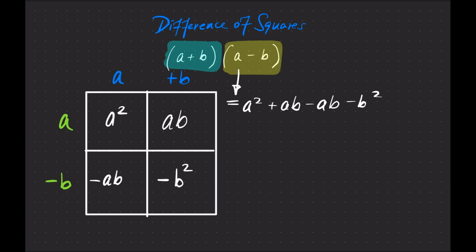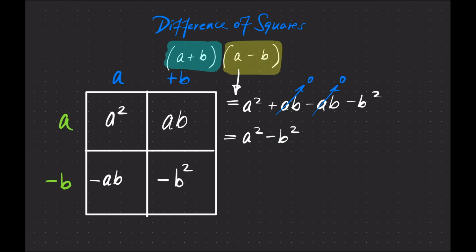And now look what happens here, guys. Here we have a plus ab, and here we have a minus ab. So these guys cancel, or rather they equal 0 when you add them. So ab minus ab is nothing, and we won't even write them. We'll just be left with a squared minus b squared.